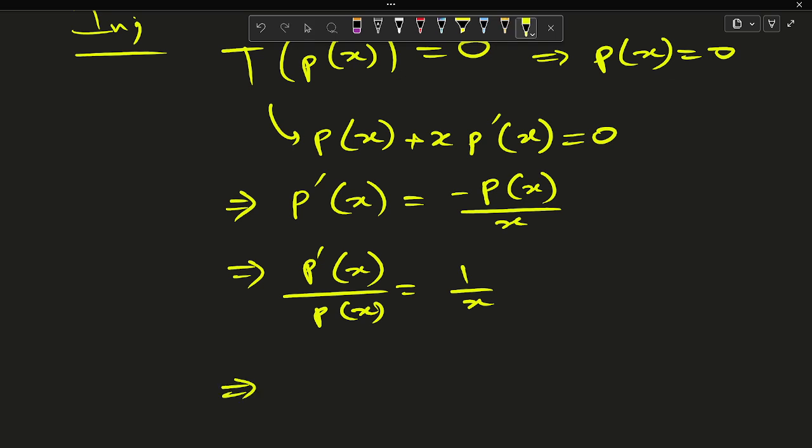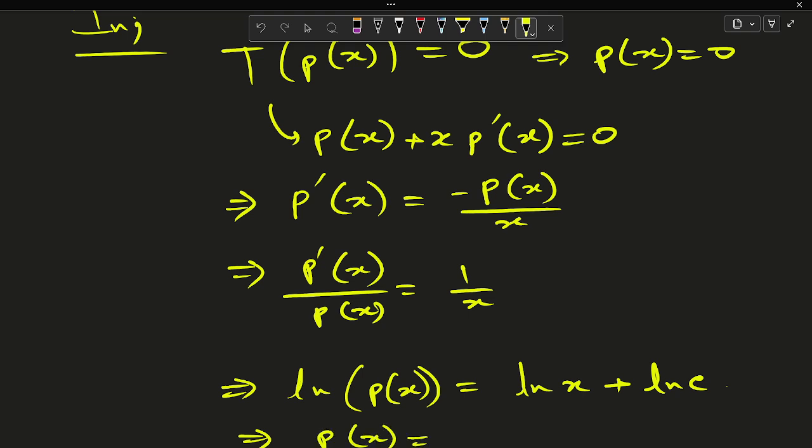Then we will get ln p(x) equals minus ln x plus ln c, so our p(x) will be c by x, where c is a constant. For this to be a polynomial, c must be 0, so when p(x) is equal to 0, then c is 0.